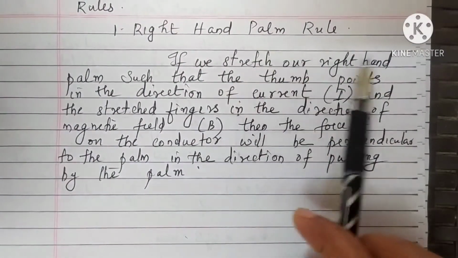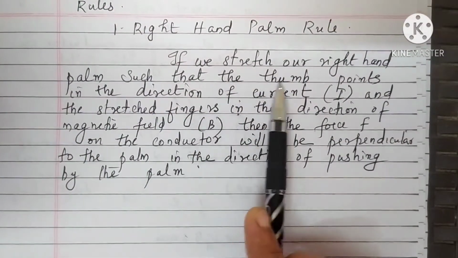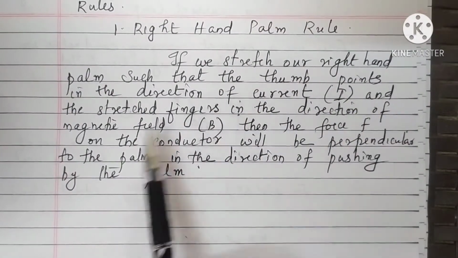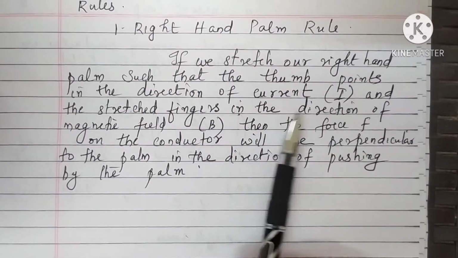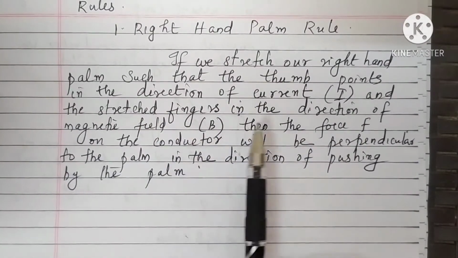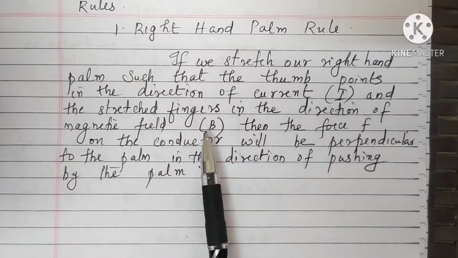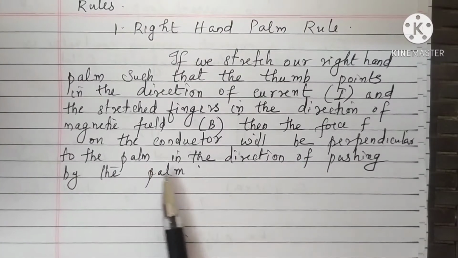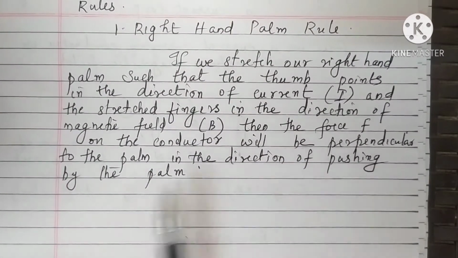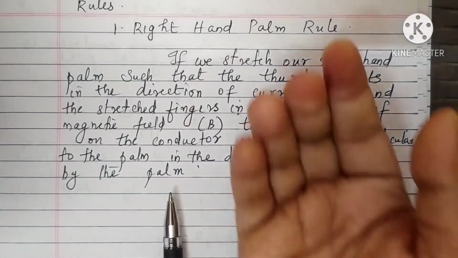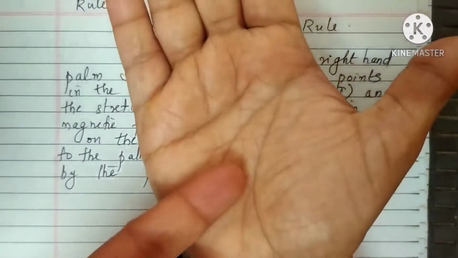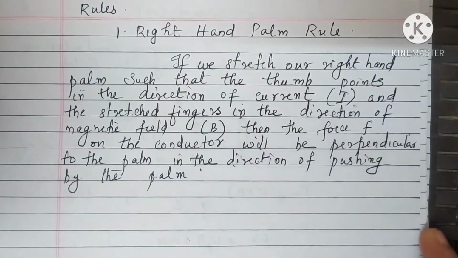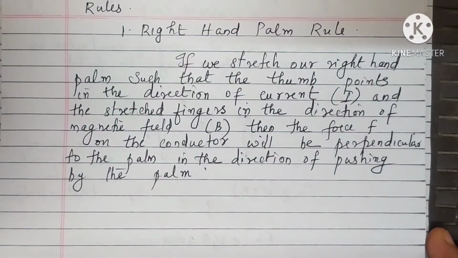If we stretch our right hand palm such that the thumb points in the direction of current and the stretched fingers in the direction of magnetic field, then the force F on the conductor will be perpendicular to the palm, in the direction of pushing by the palm, that is outwards, which is perpendicular to the palm also. Clear for you? So that is the right hand palm rule.